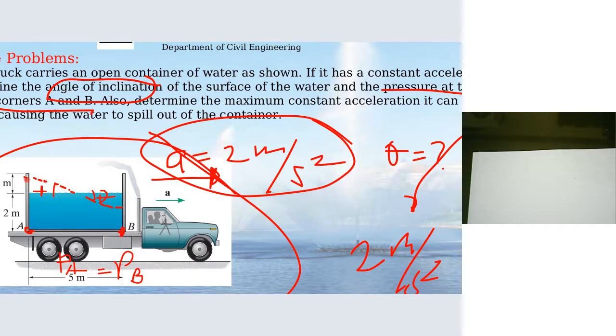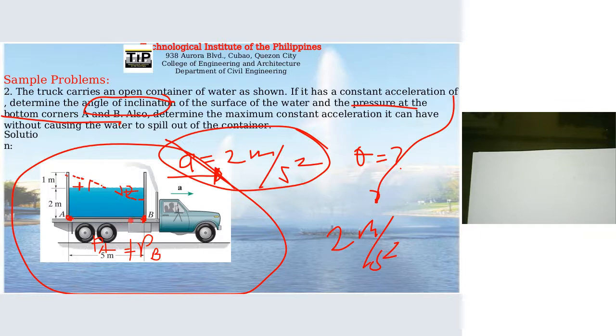So, magkakaroon ng mas maraming tubig dito and dito mas magkakaroon ng konting tubig. So, mag-iiba yung pressure dito sa ilalim, point A, tsaka point B. And yun daw yung i-compute natin. Yun yung isa pang kailangan. And then, yung isa pang kailangan is ma-determine natin yung maximum constant acceleration it can have without causing the water to spill out of the container.